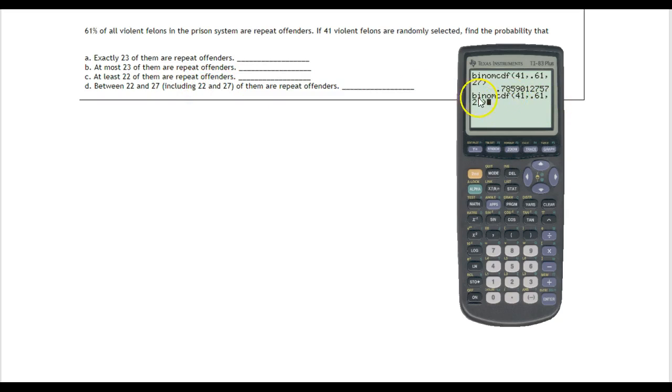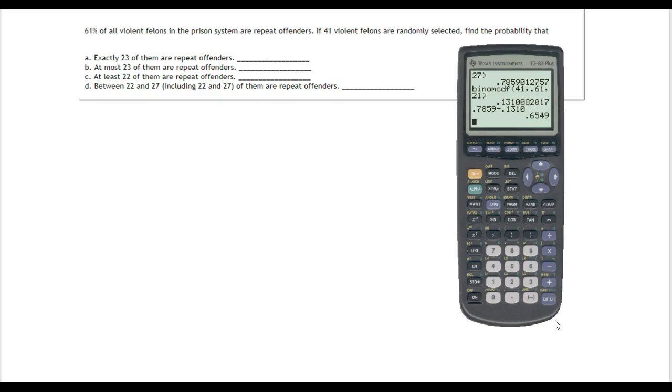So I need to subtract out whatever this probability is. And it looks like it's 0.1310. So again, I'm going to take this 0.7859 minus this 0.1310, and it looks like I get 0.6549.